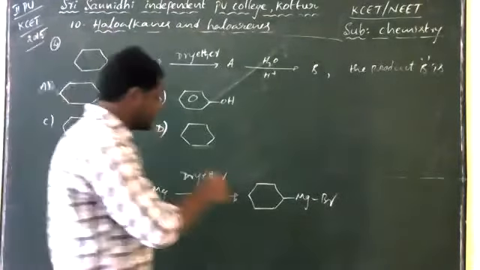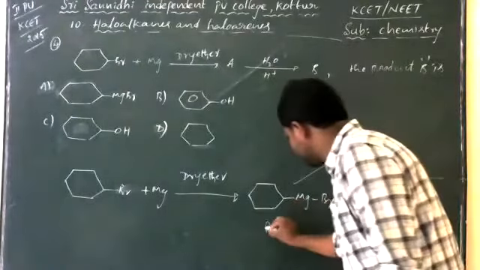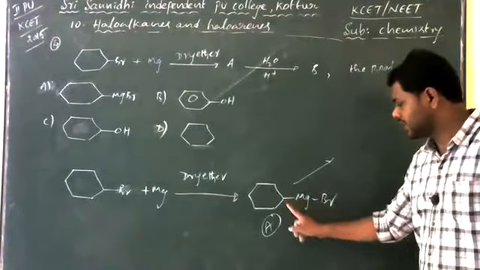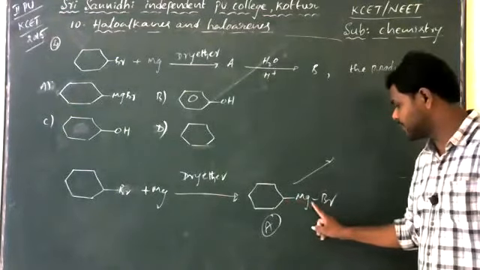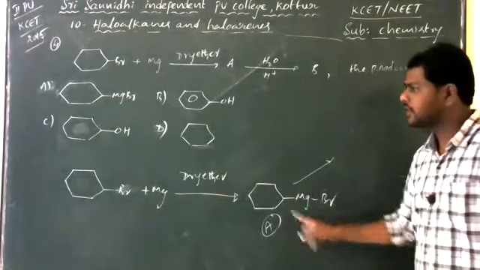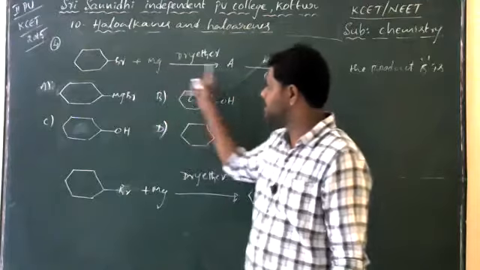The cyclohexane ring is attached to magnesium and Br.